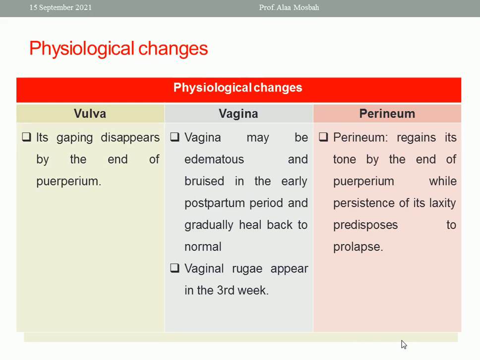We know that the vaginal wall is stretched during normal labor, so vaginal rugae appear again at the third week postpartum. What about perineum? The perineum regains its tone by the end of puerperium, while persistence of its laxity may predispose to prolapse.